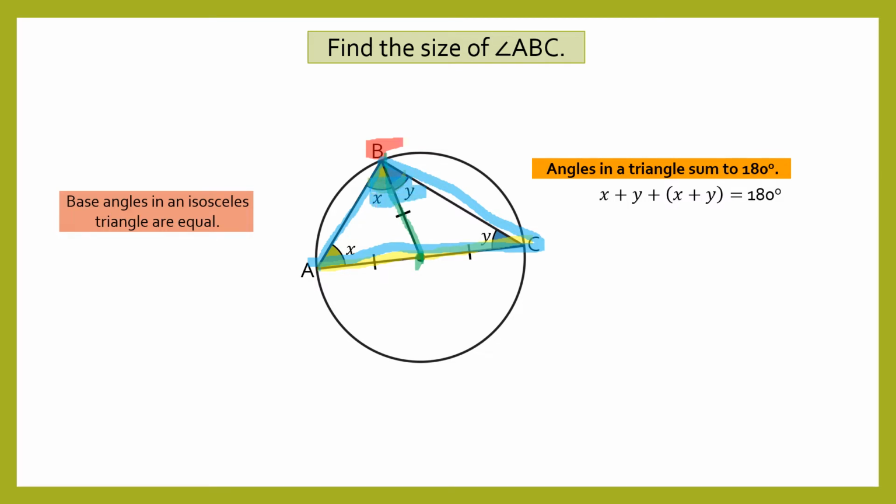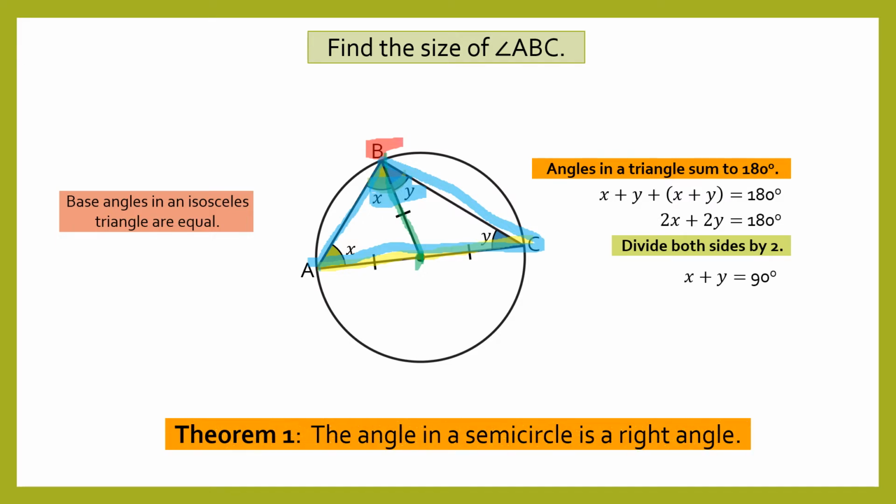Following the equation, 2x plus 2y is equal to 180. If I divide both sides by 2, it makes x plus y equal to 90. So this shows that our theorem is right, and the angle in a semicircle is a right angle.